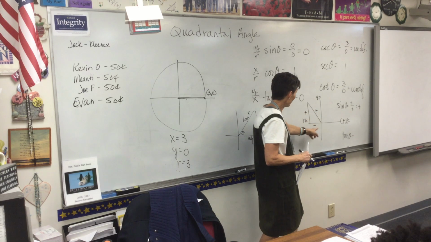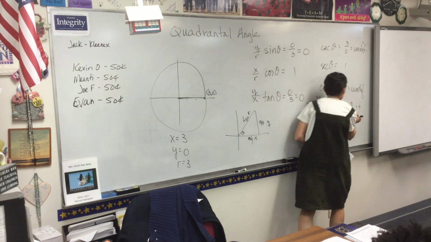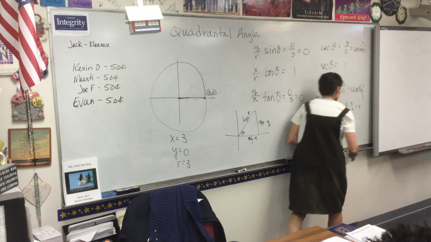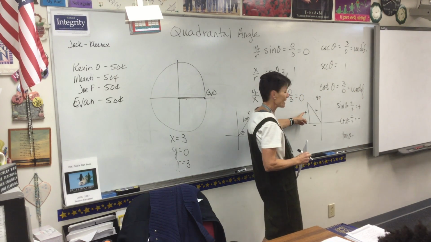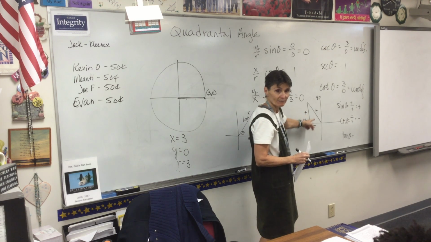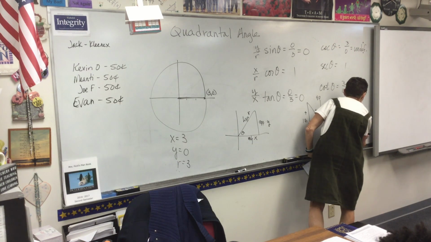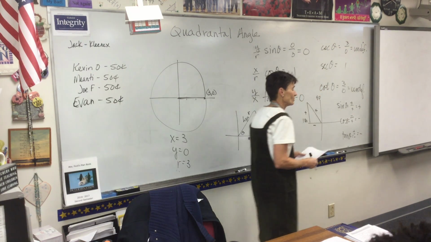Now what about cosine? Negative. Negative over positive. And tangent? Negative. Positive over negative. Opposite over adjacent. That's all you have to do for that one.